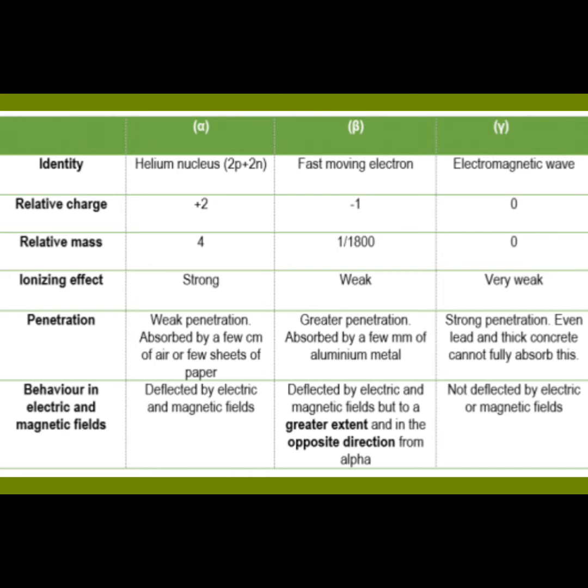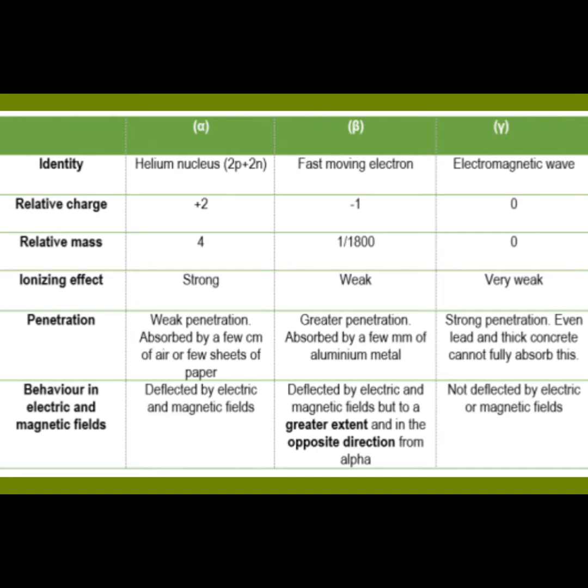Relative charge. What is the relative charge on these radioactive substances? Alpha particles have a relative charge of positive 2, beta particles negative 1, and gamma rays have no charge. They are electrically neutral.